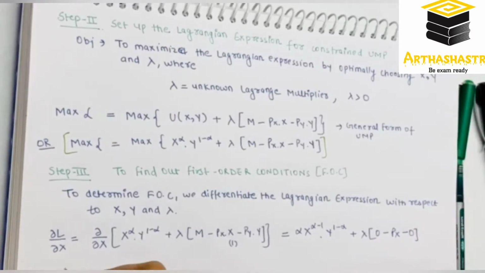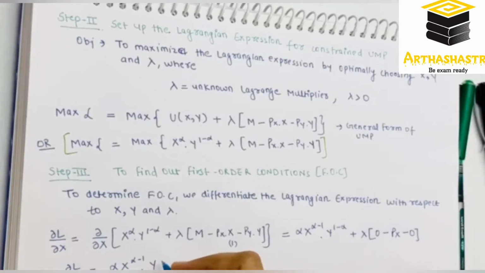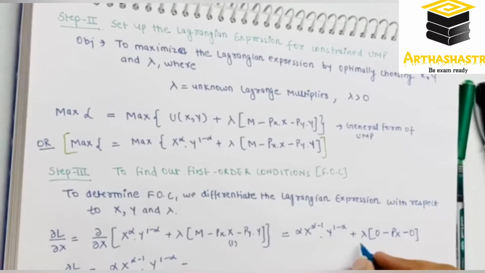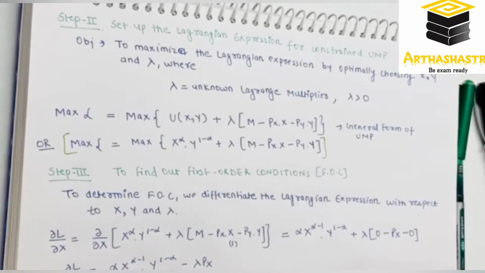So we get del L by del x as alpha x to the power alpha minus 1 times y to the power 1 minus alpha plus lambda times minus px, so it becomes minus lambda px.